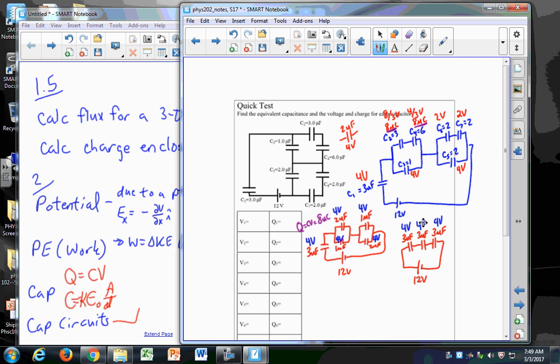You might also see a simpler combination circuit, maybe a circuit that just has 3 or 4 capacitors in series or parallel, something like this, that's hooked up to a battery. So you can see both of those, or you could just see the more complex circuit. It depends how much material we have from the other stuff. There's quite a bit of stuff for this test, so probably it'll just be the more difficult one, with more capacitors in it.